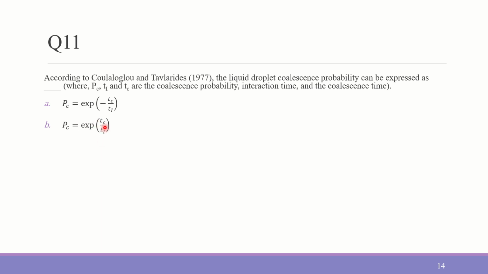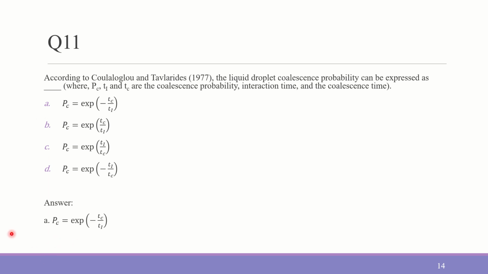Option C, PC is equal to the exponential function of Ti by Tc. And the last option, coalescence probability is equal to exponential of minus interaction time Ti divided by coalescence time Tc. So the answer, I guess, is option A or D.